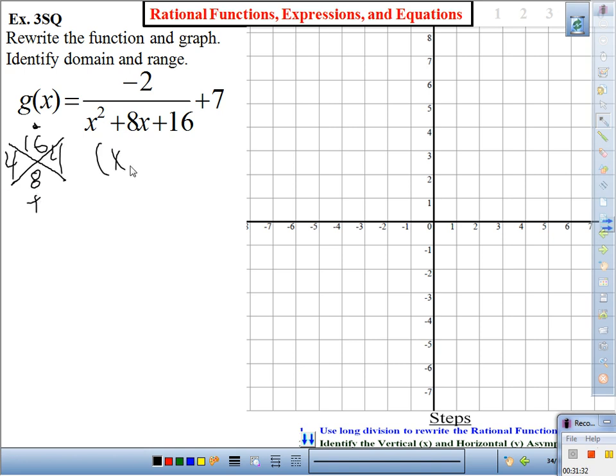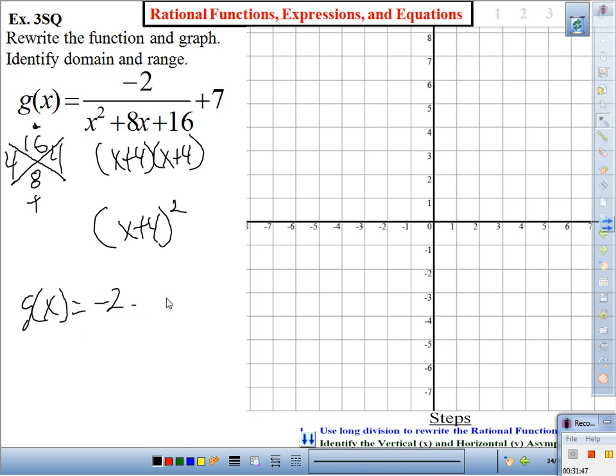So my factors are x plus 4, x plus 4, or in other words, x plus 4 squared. Yes? Which means I can rewrite this, g of x equals negative 2 times 1 over x plus 4 squared, and then plus 7.